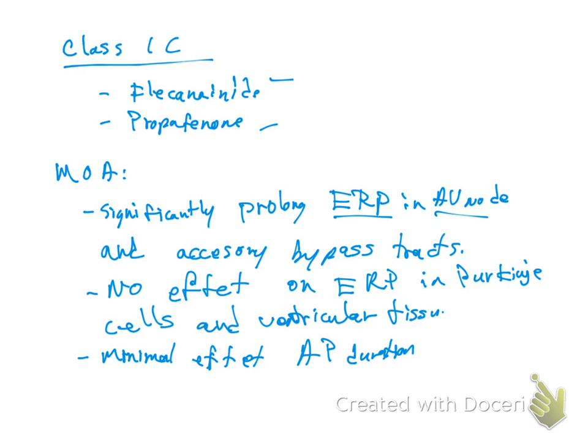When do we use it? The clinical use: we use it for patients who have supraventricular tachycardia, including atrial fibrillation. This is class 1C.